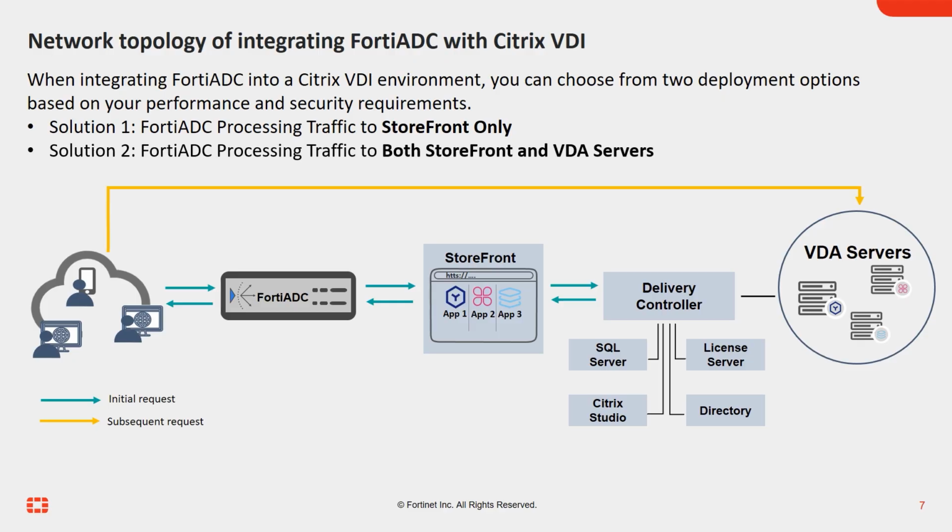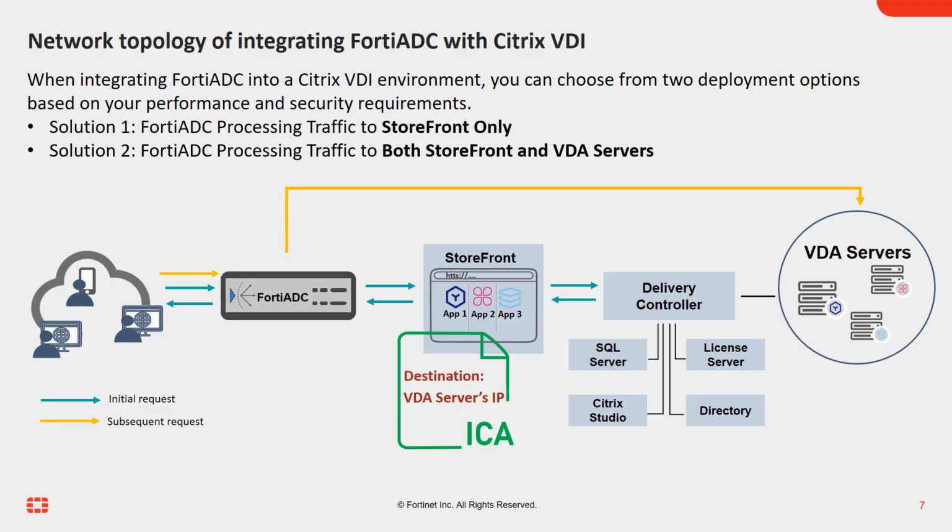Solution 2. FortiADC processing traffic to both StoreFront and VDA servers. This advanced deployment extends FortiADC's role to include traffic processing, not only during the initial request to StoreFront, but also throughout the subsequent ICA session with VDA servers. By default, StoreFront provides an ICA file containing the direct address of the target VDA server.